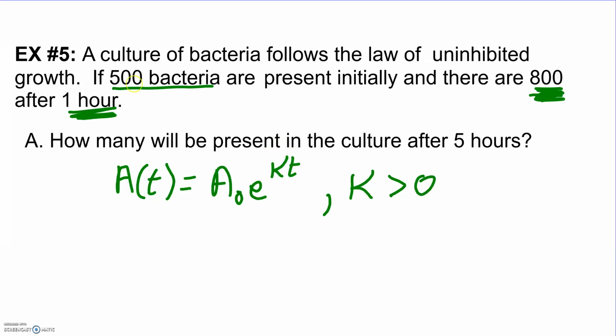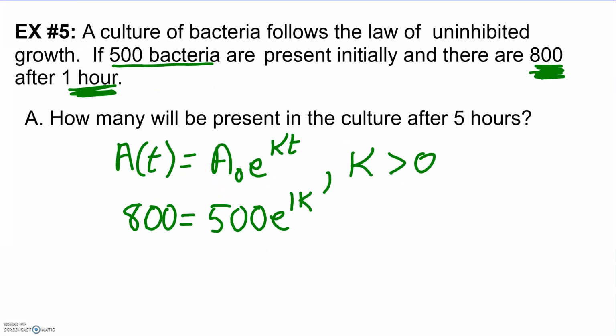So what we're going to do is plug in 500 for A initial. And then we know after 1 hour, so when t is 1, and we don't know k, that's what we're trying to figure out, the amount that we then have is 800. So now we just go about solving this for k, so we can figure out the constant.